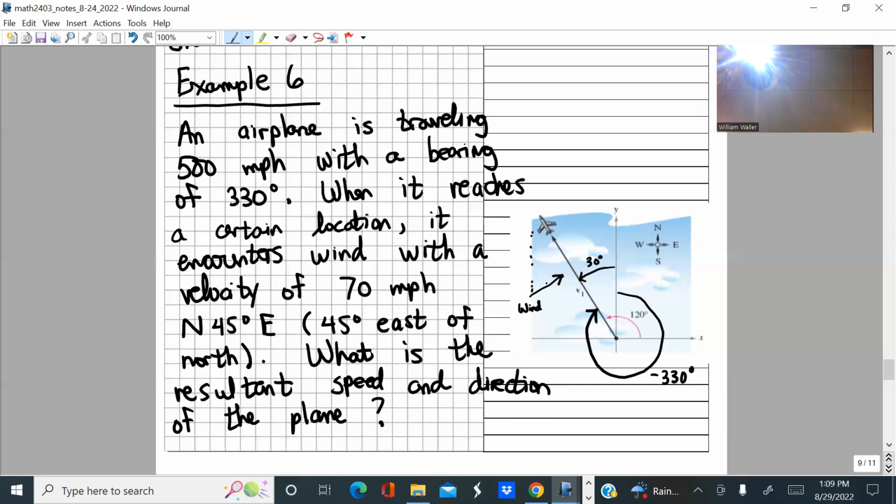So if we measure that angle correctly, this is 45 degrees. Okay, so what's going to happen to the airplane then in these conditions? It's going to get slightly diverted, right? Because it's got the wind acting on the plane. All right, so the path of the plane is going to get shifted a little bit in this direction.